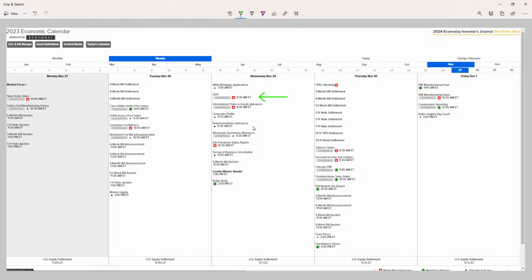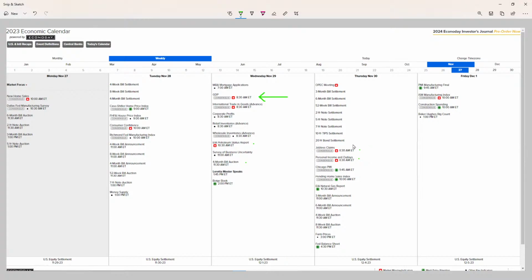Corporate profits, retail status report maybe. Bill auction here, Loretta speaking, PMI also, Chicago job. This is the weekly jobless. This could be important to monitor because the monthly is what traders pay attention to.